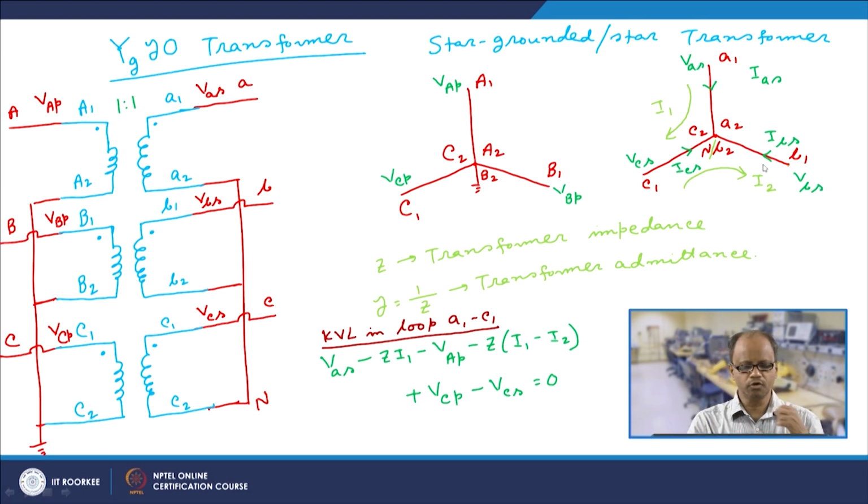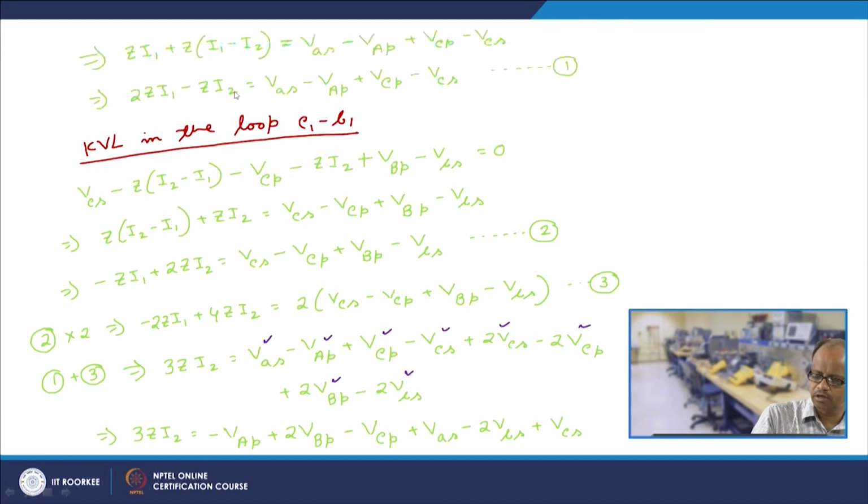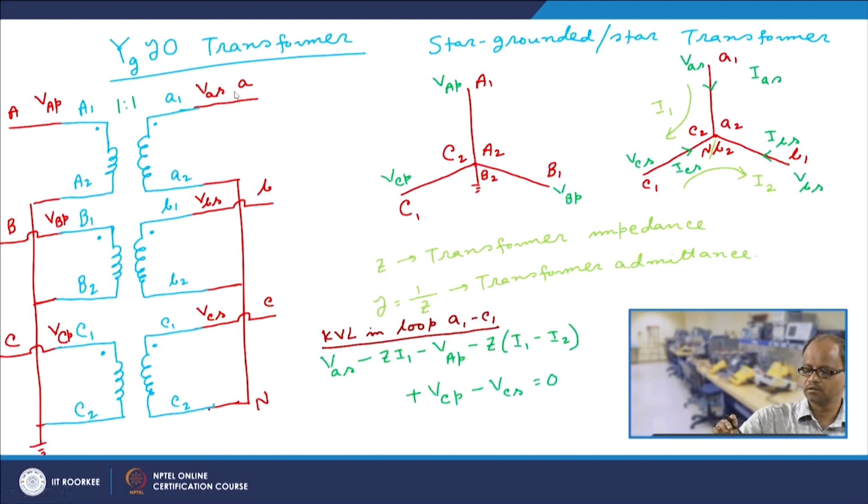So, if I now translate this IAS, IBS and ICS, if you can see, these three currents IAS, IBS and ICS are actually entering the neutral point from the terminal. So, IAS we can show would be in this direction.